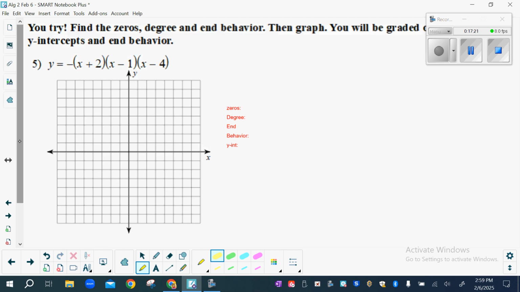I don't think I did it right because odd negative. Is it odd negative? I don't remember the last one.